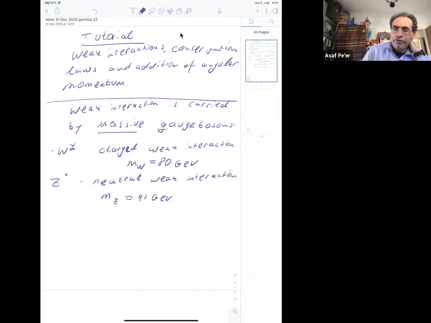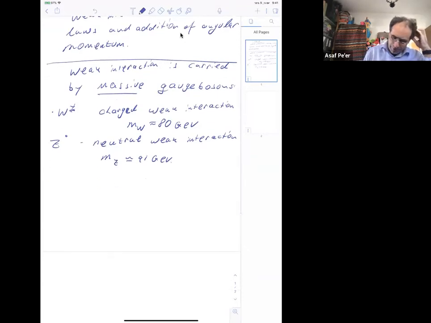Now, as we said, all fermions take part in the weak interaction, and neutrinos interact only via the weak interaction, nothing else.